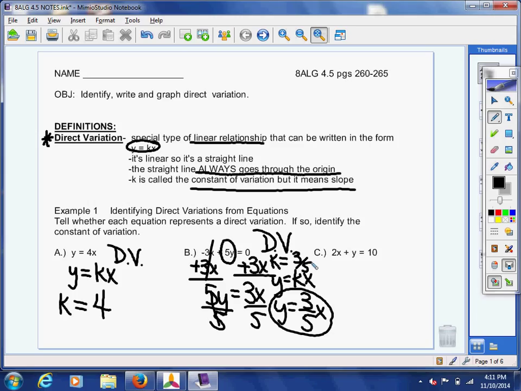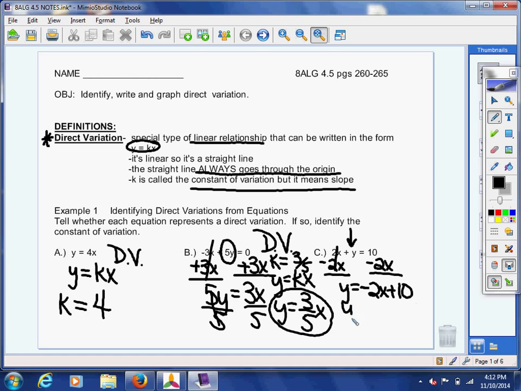All right, let's get to letter C, our very last one here. 2x plus y equals 10. It's not solved for y. That's okay. We can get y by itself. So that's our goal. Get that y all by itself. So we will take away the 2x. And now we have y equals negative 2x plus 10.